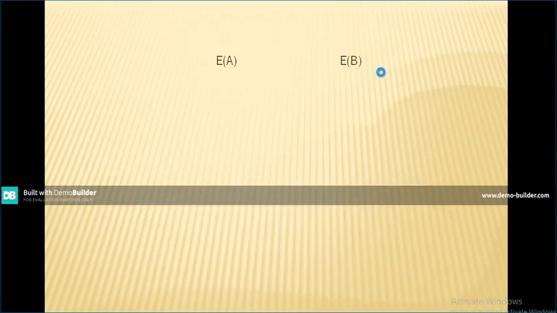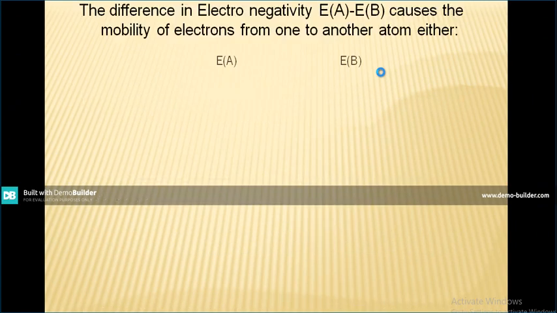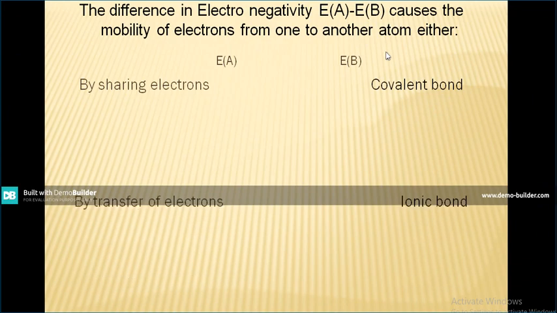So now, let us see what causes that transfer or sharing of electrons. The difference in electronegativity between two atoms causes the mobility of electrons from one atom to another in two ways: by sharing electrons or by transfer of electrons.